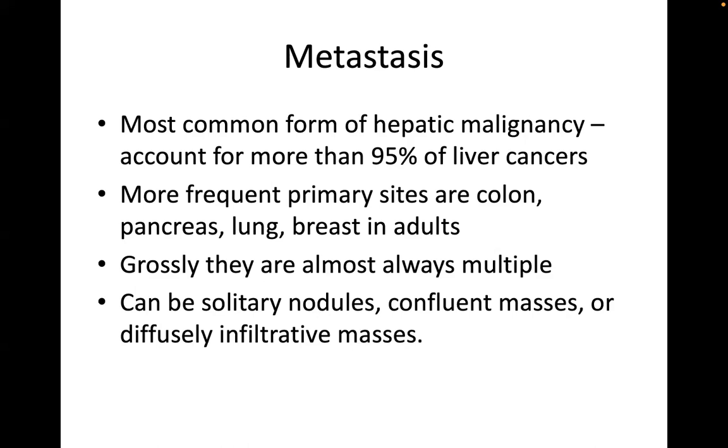They can be solitary, they can be confluent masses, and they can be diffusely infiltrative. So when you go to imaging, there can be differences depending on the primary tumor.